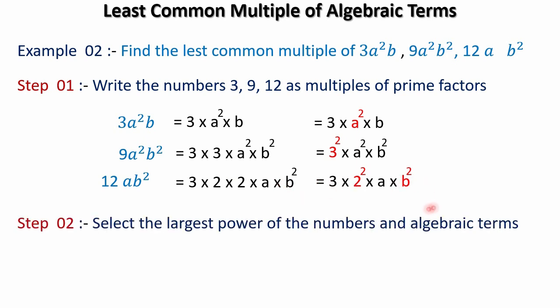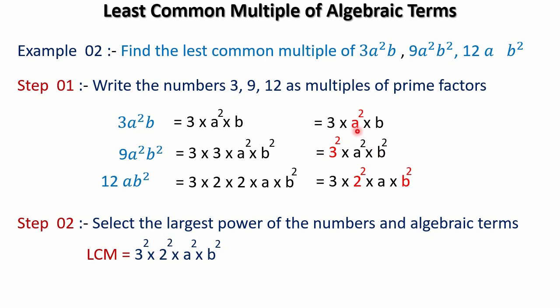So as I said earlier, the largest power we are going to select from numbers and algebraic terms also. If you consider the numbers, here 3 to the power 2 is the largest power, so we have selected that. And number 2 has 2 to the power 2, that we have selected.